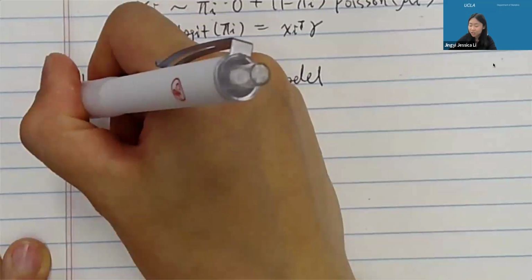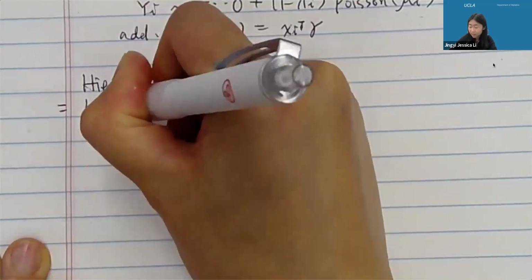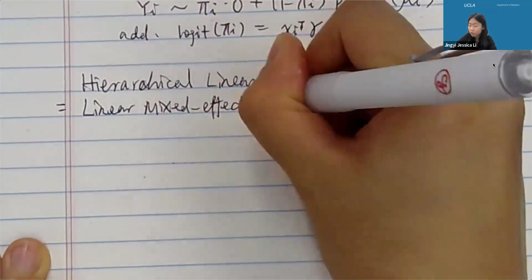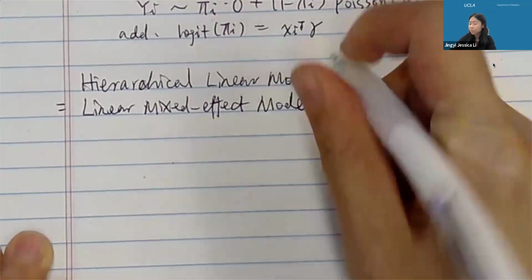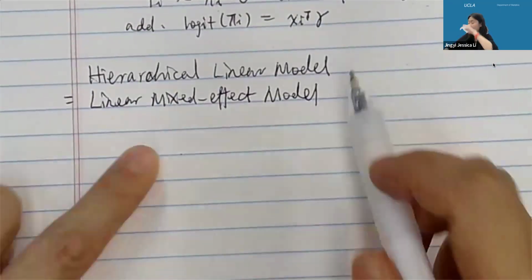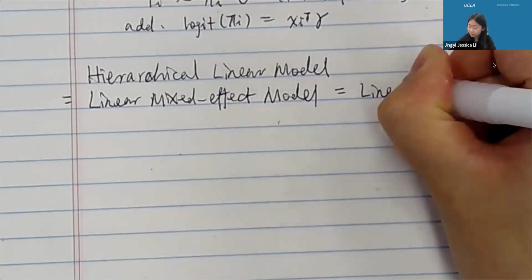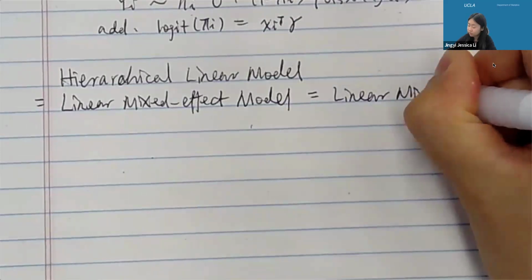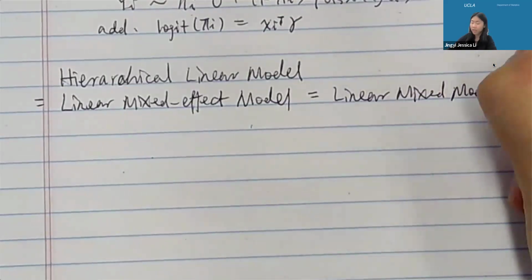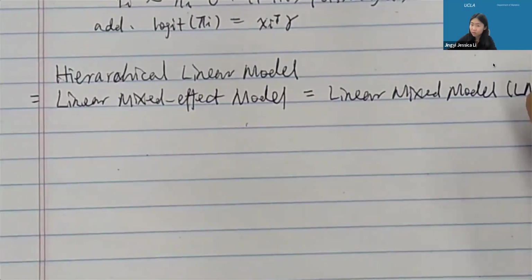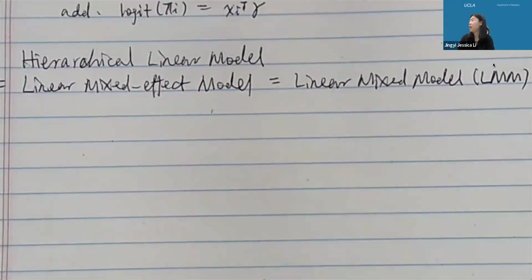It's the same as linear mixed effect model. It's just two ways to write the same model, whether as one layer or as a hierarchy. This linear mixed effect model is often shortened to just linear mixed model. You will see these terms in the literature. Many people write it in short as LMM, just like GLM for generalized linear model.